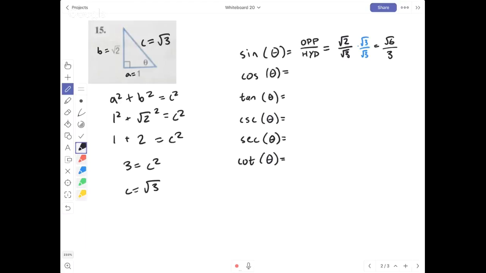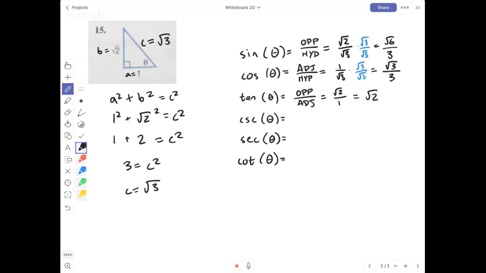Okay, cosine of theta is the adjacent over the hypotenuse, which equals 1 over root 3, which, doing the same move of timesing by root 3, makes root 3 over 3. The tangent of theta is the opposite over the adjacent, which is, in this triangle, root 2 over 1, which just equals the square root of 2.